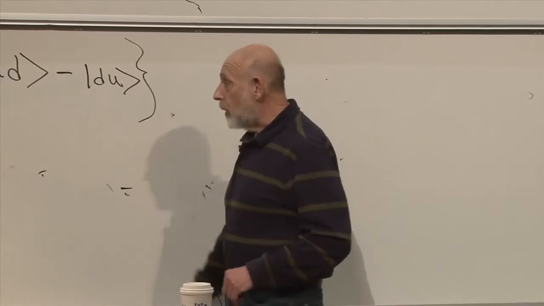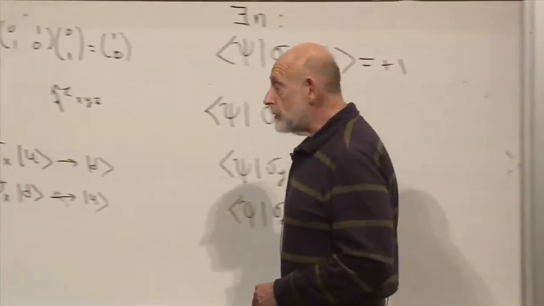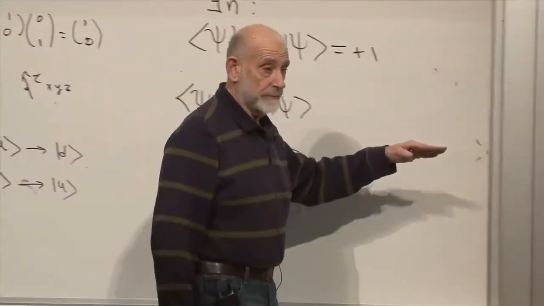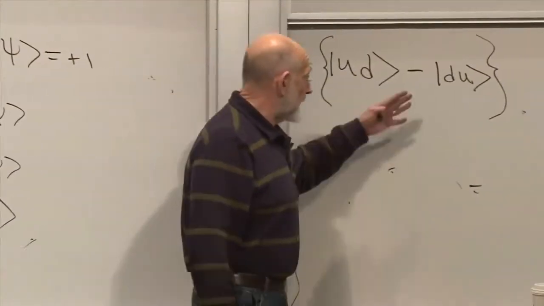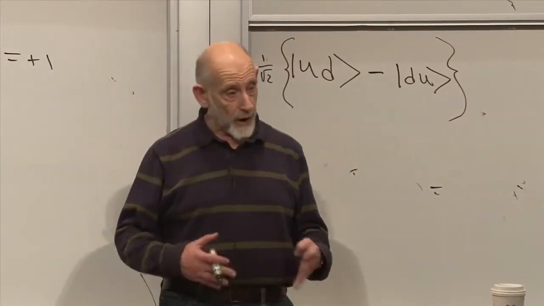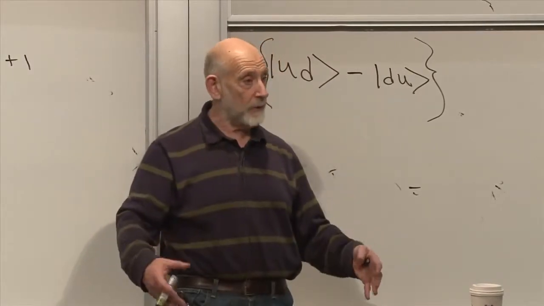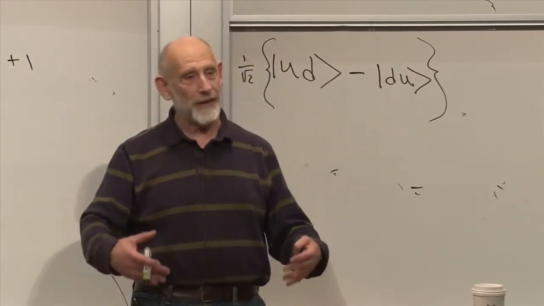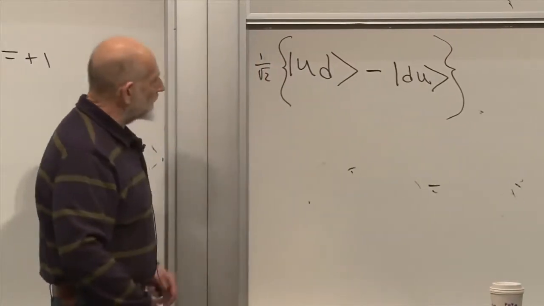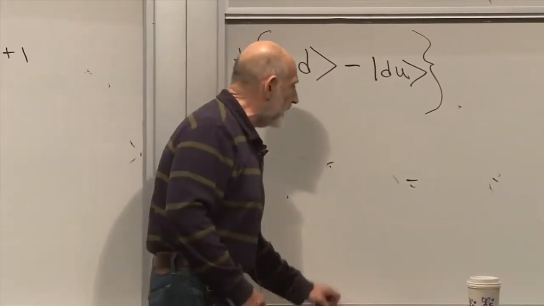We're going to show that all three components of sigma have 0 expectation value in this state. That means the state cannot possibly be a product state. A product state is one in which each component behaves as if it were just a state of the subsystem by itself. This state is going to behave in a way that no simple product state could possibly behave.